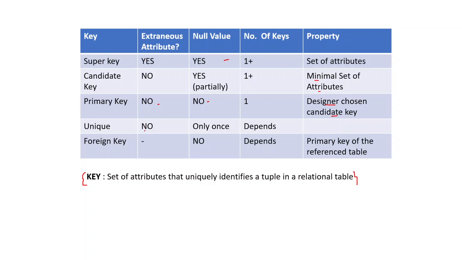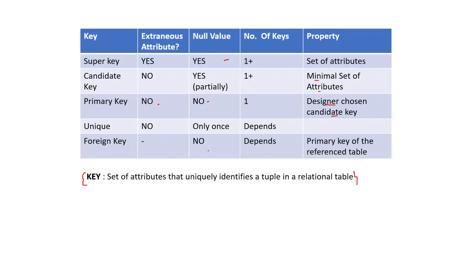In the case of a unique key, there is no extraneous attribute, and it can have only one null value. And how many unique keys? That depends on the database designer or the requirement of your system. And then comes the foreign key. There is no point in having an extraneous attribute.